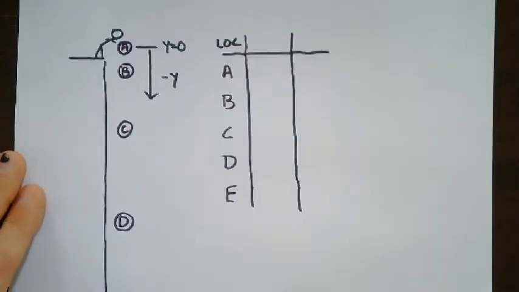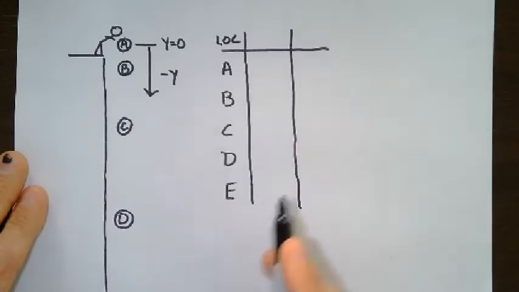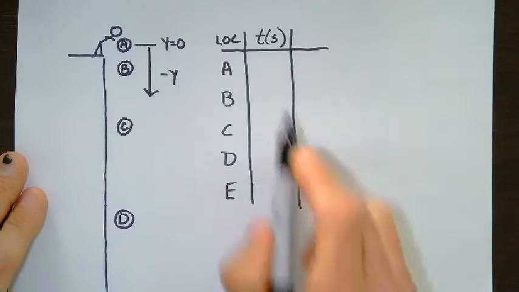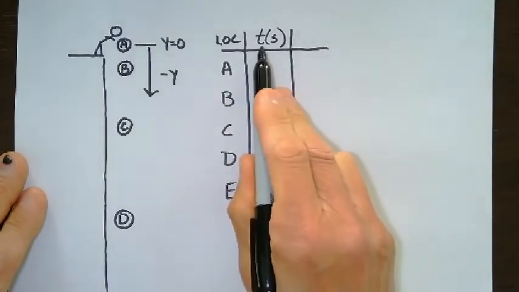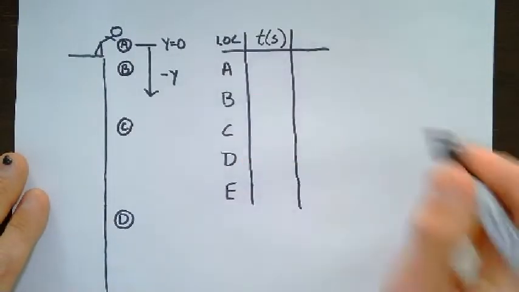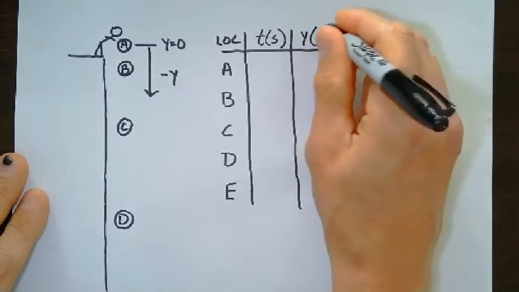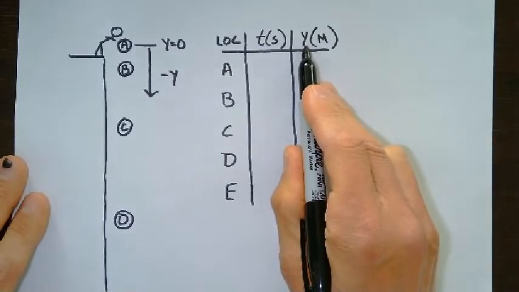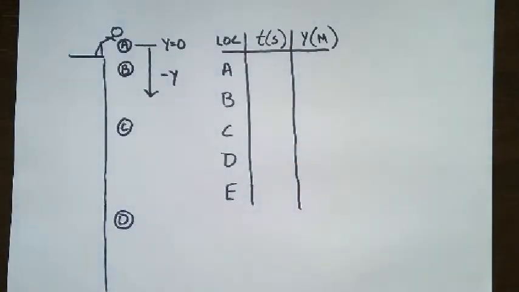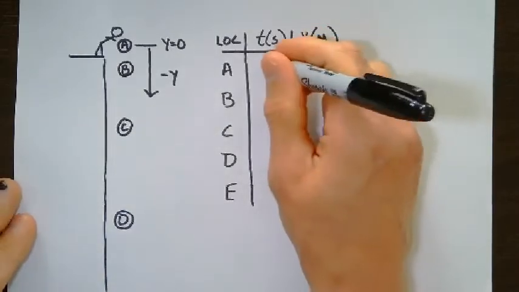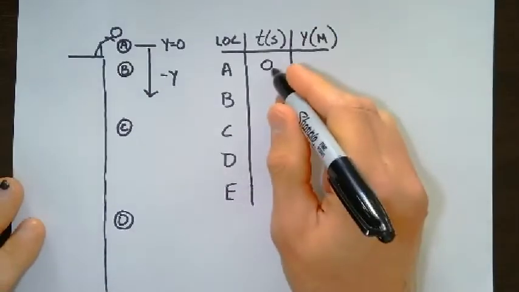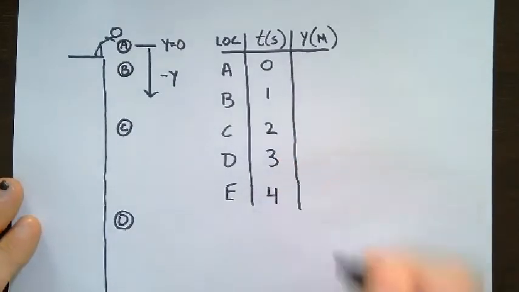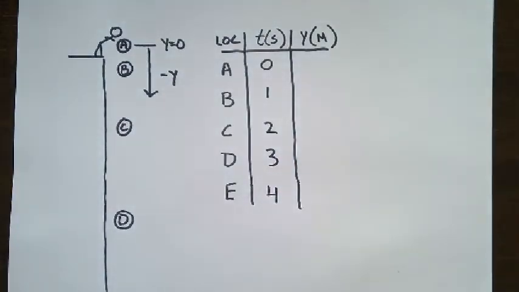I know I didn't show that on my drawing because I ran out of space, but we'll just go up to E. We are going to keep track of the variable time, t, in units of seconds. And then we will keep track of the position, which has the variable y. The units are meters. And of course, at 0 seconds you release the ball, and then 1, 2, 3, 4. So we're going to pick equal time intervals like that.